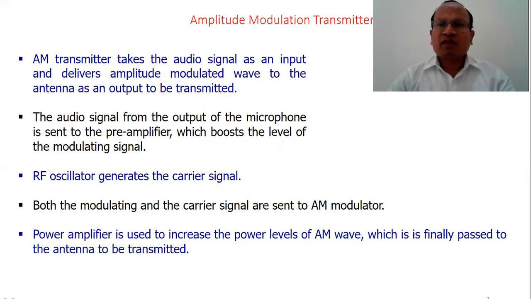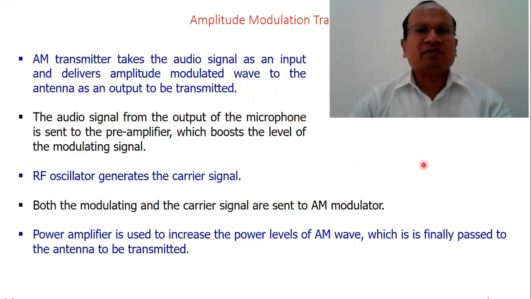If we discuss the AM transmitter, an audio signal or a message signal will be given as input to the transmitter, and the modulated output will be delivered by the AM transmitter to the antenna.